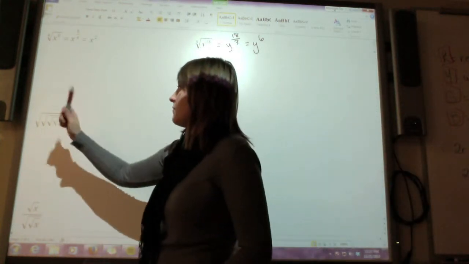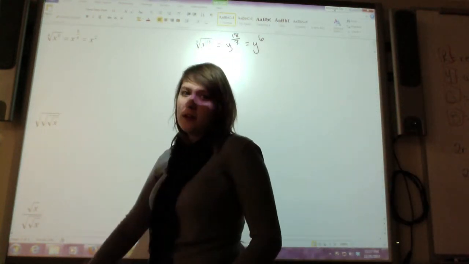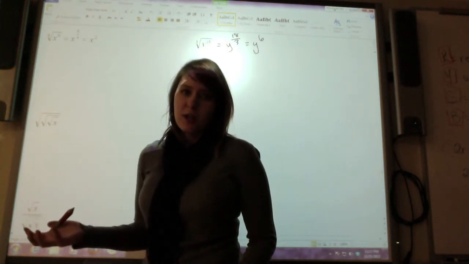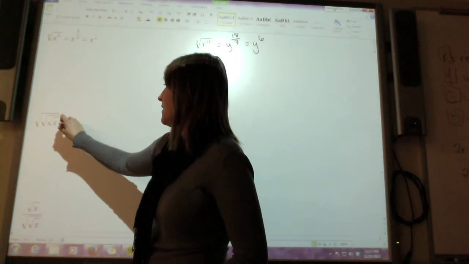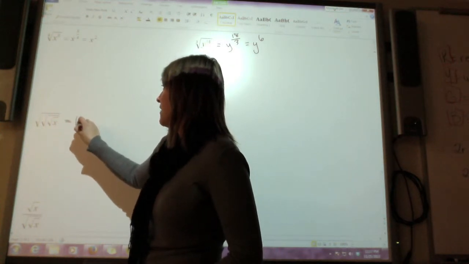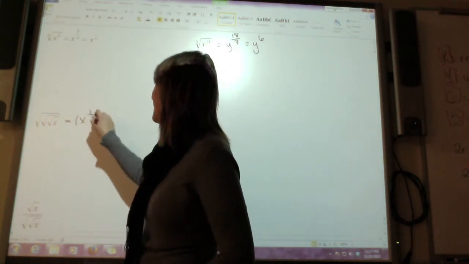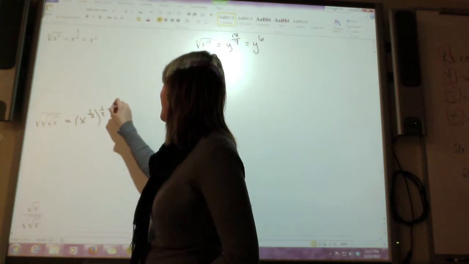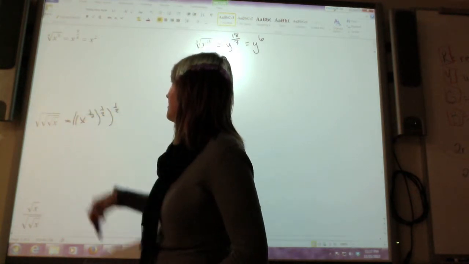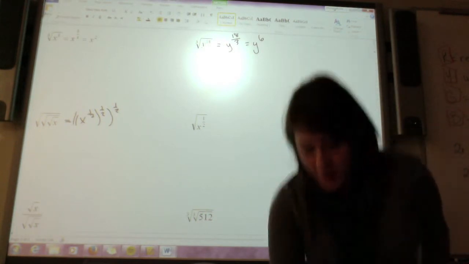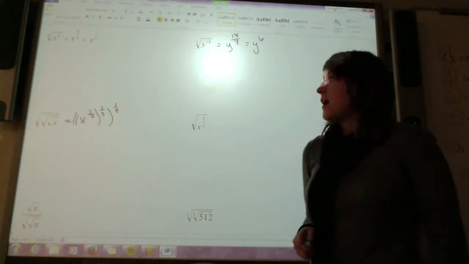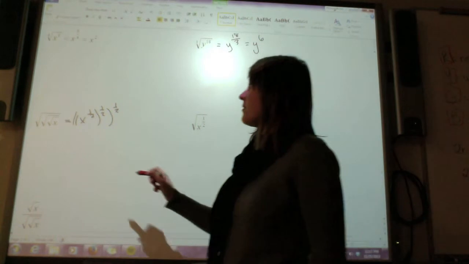Down here, I've got the square root of the square root of the square root of x. That looks kind of tricky, but if I just rewrite that with exponent rules, I can rewrite that as x to the 1/2 to the 1/2 to the 1/2. Now I can use my power to a power rule in order to simplify that down.